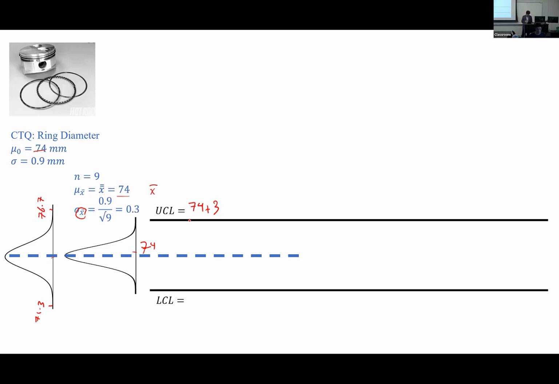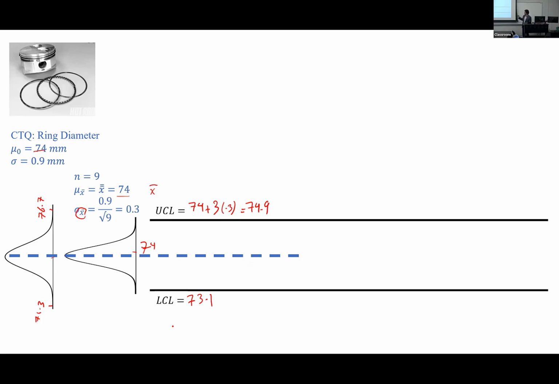Sigma of X bar, we just learned it's 0.3, so it's going to be 74.9, almost 75. And what is LCL? It's 73.1. Same logic, minus 3 sigma. Okay, so these are our control limits.